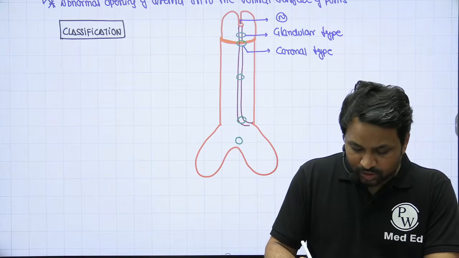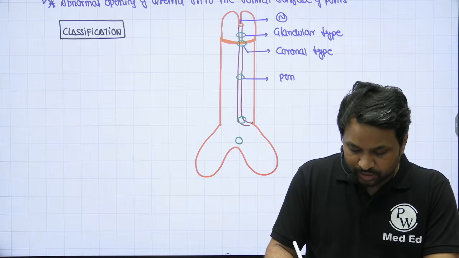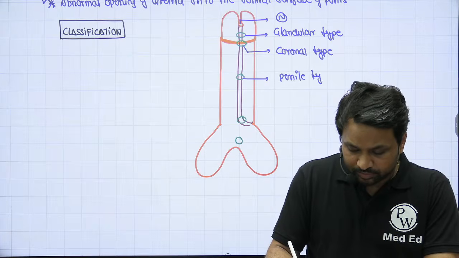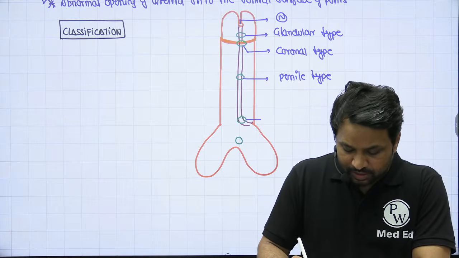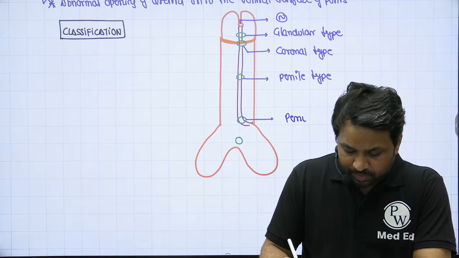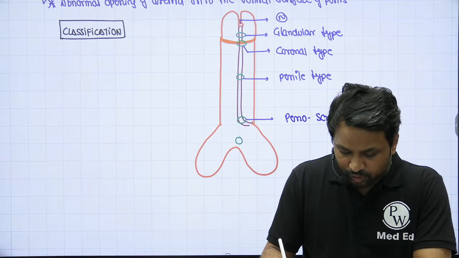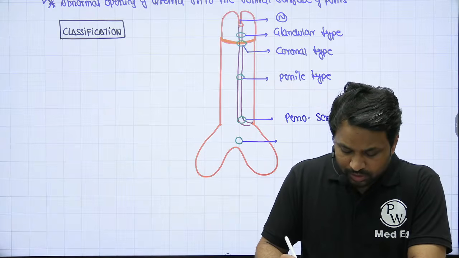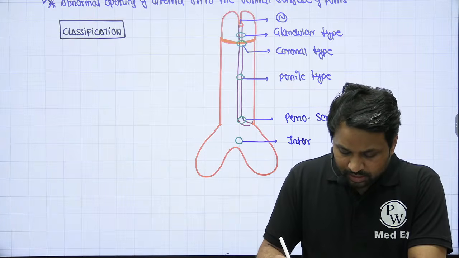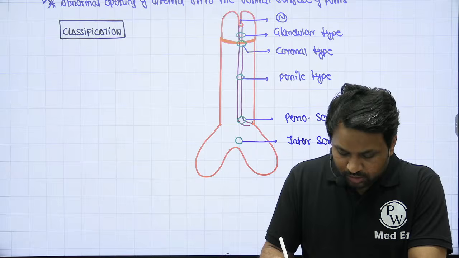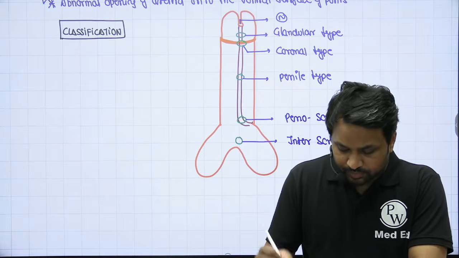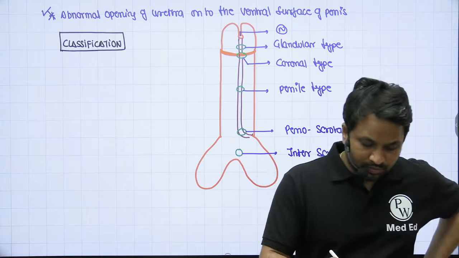If it is opening on the shaft of the penis, this is what we call the penile type. If it is opening between the penis and the scrotum, it is called the penoscrotal type. If it opens between the two scrotums, this is called the interscrotal variety.